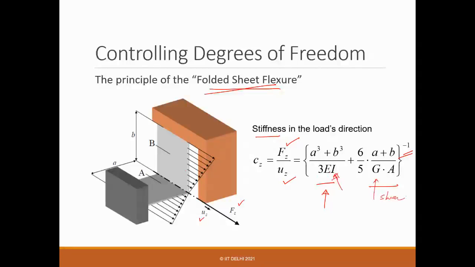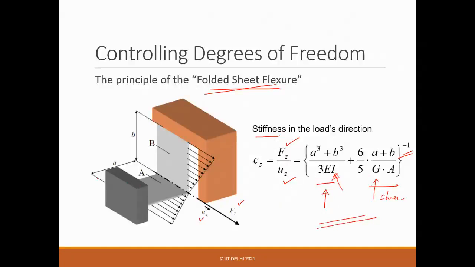Because the sheets are relatively short, there will be a component because of the shear also. So because of those 2 you get the total stiffness. I think we can refer to some papers and you can easily get this derivation done. Anyway, if we have some design calculation, we'll directly use these equations.